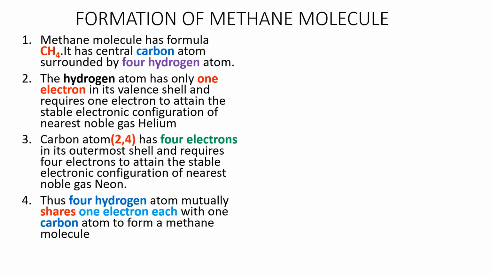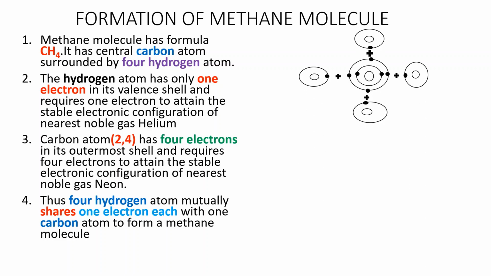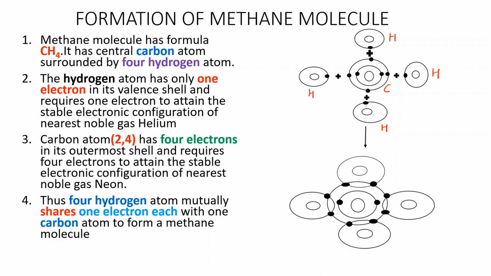So this is how we represent the structure. This is a hydrogen atom with 1 electron, this is another hydrogen with 1 electron, one more hydrogen, and this is the 4th hydrogen with 1 electron. And there is a central carbon atom which has 4 electrons in its outermost shell. Now they mutually share each other's electron and result in the formation of methane.